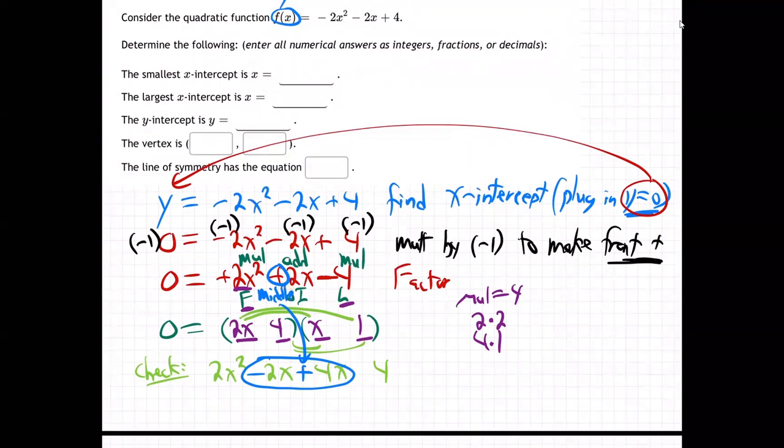So again, the sign in the middle needs to go on the bigger of the 2 middle numbers. So 4 is bigger than 2, obviously. So you've got to take that plus sign in the middle and put it on the 4. And then plus 4, take away 2 is plus 2 in the middle.